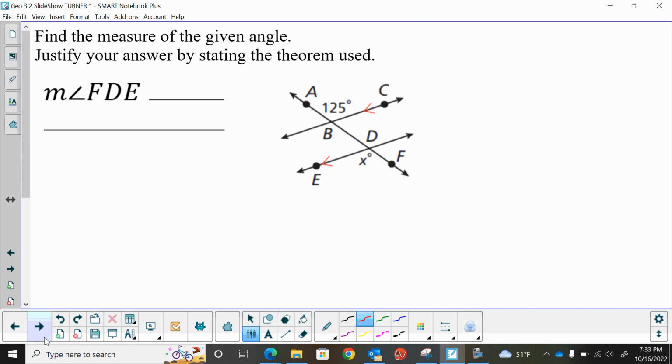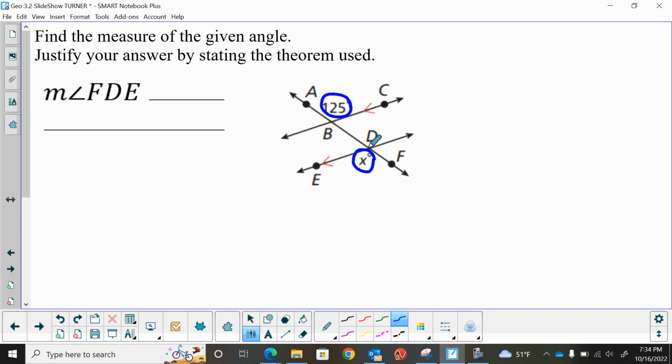All right, let's do some work now with some of those theorems. So in this diagram, it says to find the measure of the given angle and justify your answer by stating the theorem that you use. Okay, so we've got 2 lines that are parallel, and then this line AF is the transversal. So we've got an angle of 125, and we have an angle down here, x degrees.